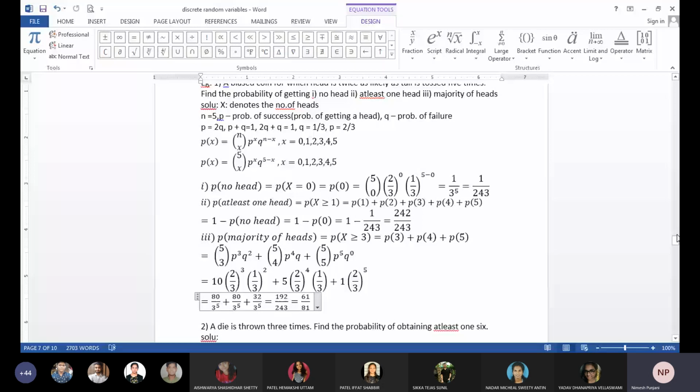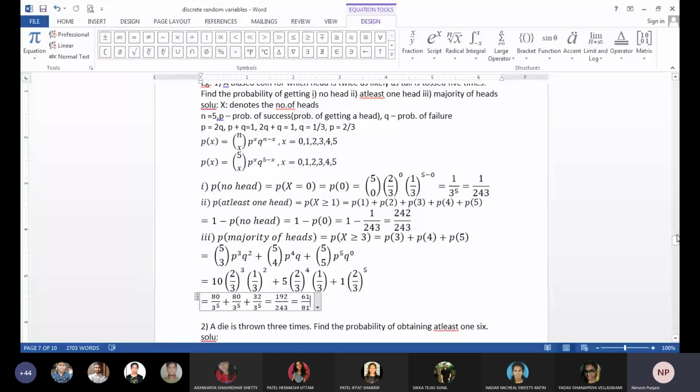फिर हर एक टर्म को सिंप्लीफाई करके लिखना है. 2 cube is 8. So 8 into 10 gives us 80 and denominator is 243, that is 3 raised to 5. Second term is 2 raised to 4 gives us 16. 16 into 5 gives us 80. So again we get 80 upon 3 raised to 5.